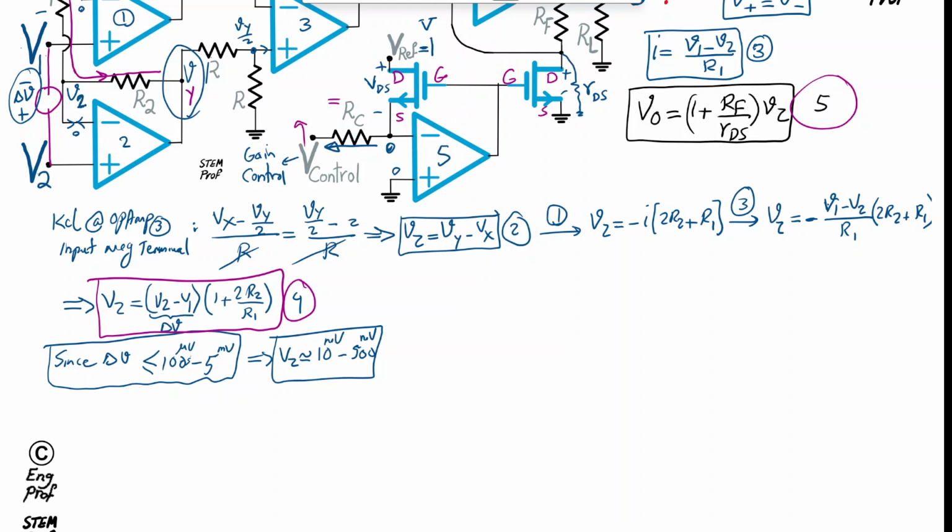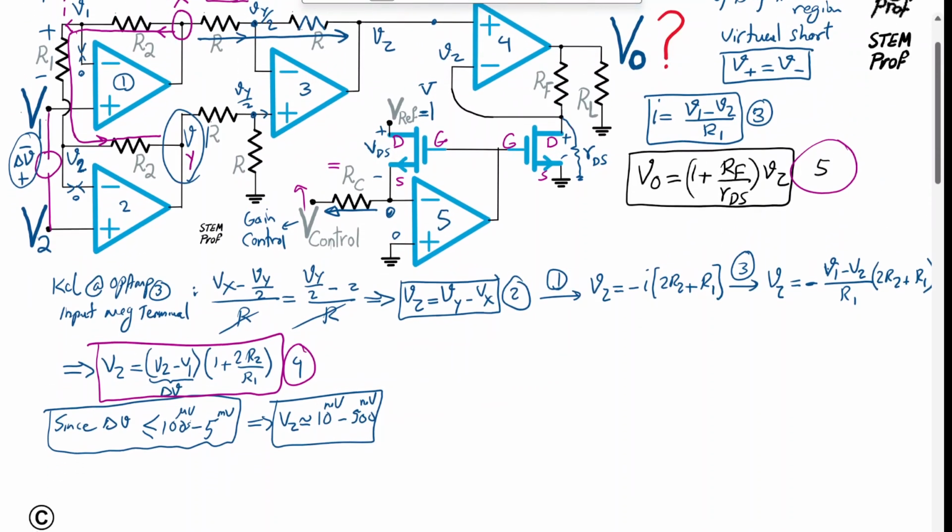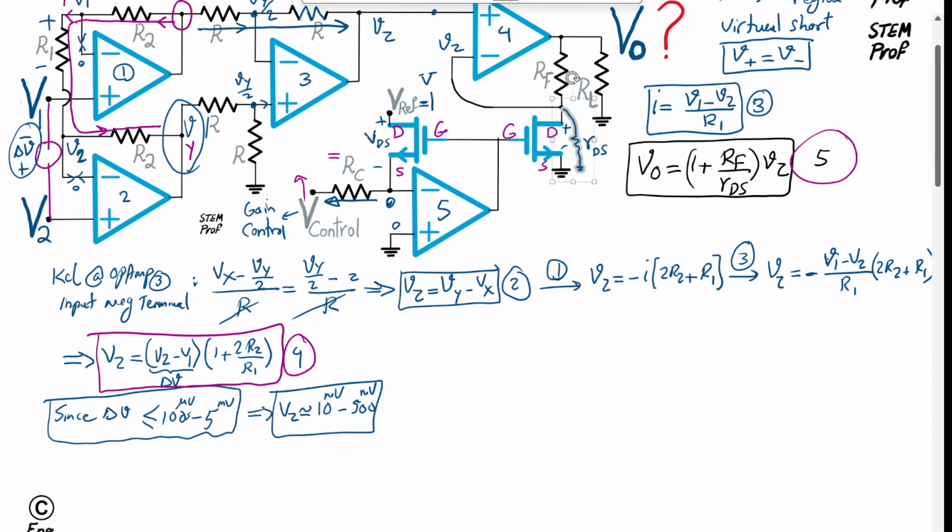If we have a target of, say, 1 milliamp, or a maximum of, let's say, 5 milliamp going through the circuit, it all depends on how much we are trying to set the values. Let's say the maximum current we want to go through this RC is 5 milliamp. Then let's set the value of RC to be, for instance, 1 kilo ohm.